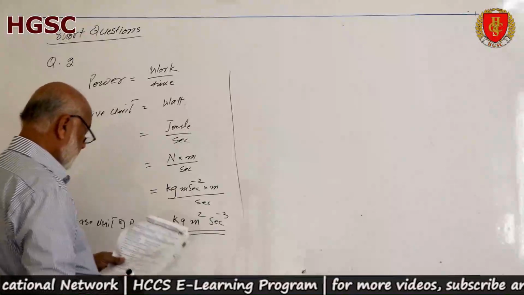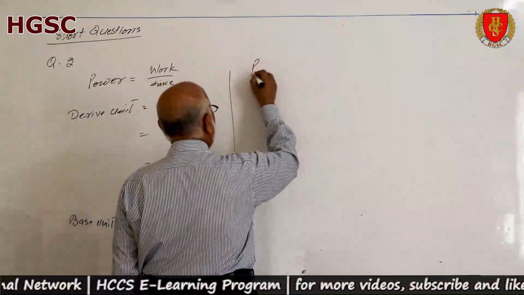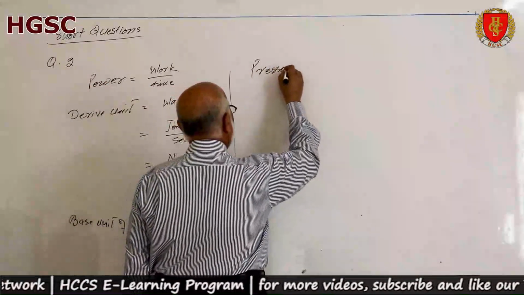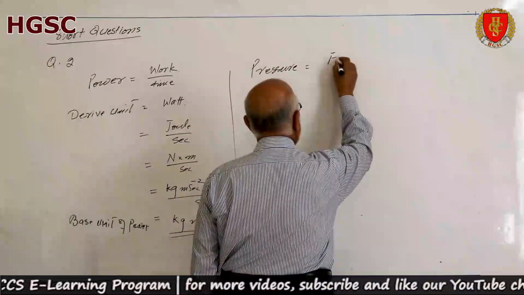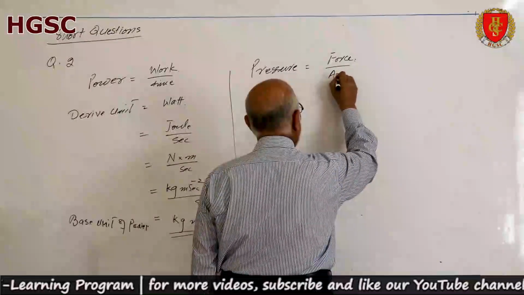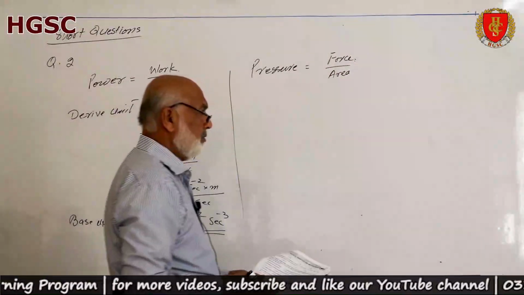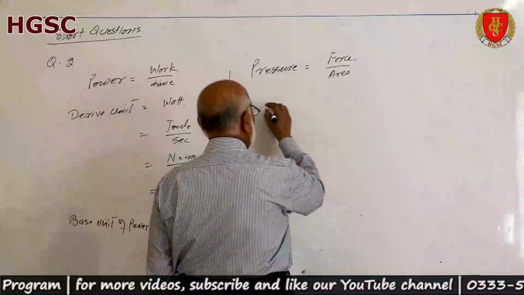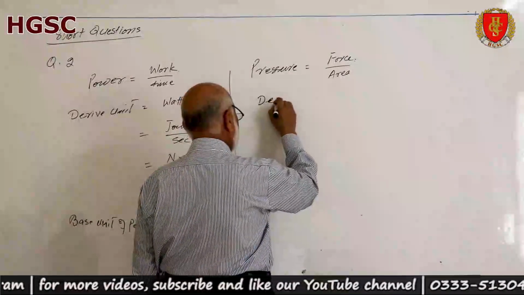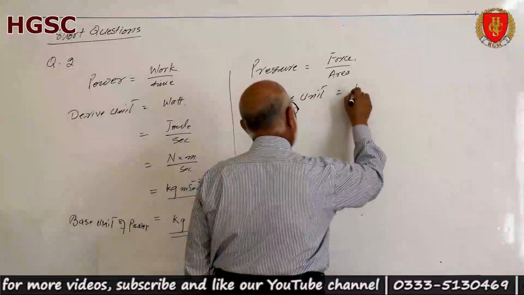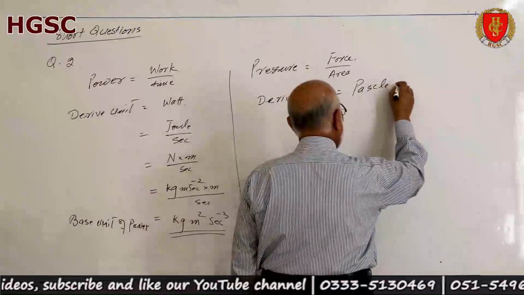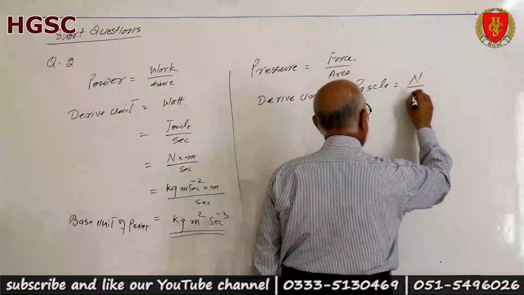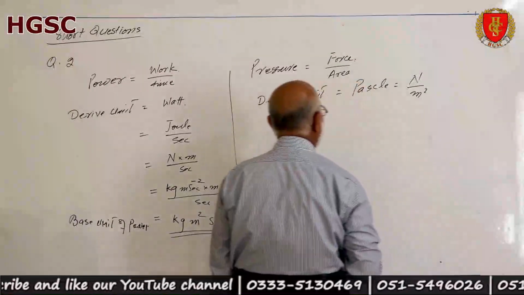And then the base unit of pressure. Pressure is force acting on unit area. Force over area, and we define it as force acting on unit area. So the derived unit is Pascal, which is also equal to Newton per meter square.